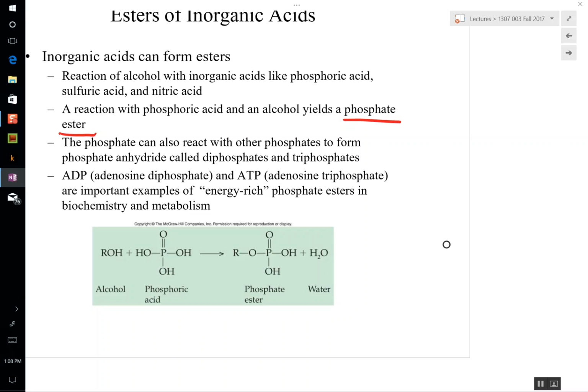And how do you make an ester? You react an alcohol with a carboxylic acid, and it forms an ester. Well, you take an alcohol and react it with phosphoric acid, and you get this structure right here, which is a phosphate ester.